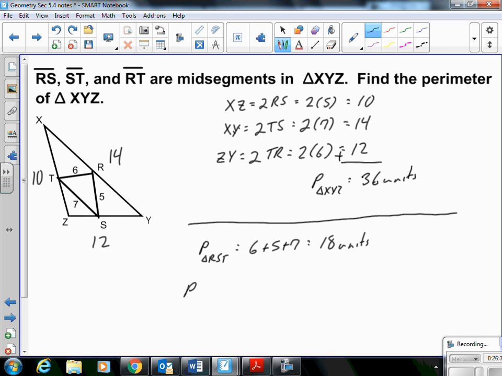And the perimeter of triangle XYZ should have been equal to 2 times the perimeter of triangle RST. So if we knew that RST was 18, then take 2 times 18, and you get 36 units. So either way, you still get 36 units if you double all the sides and then add them together, or if you add all the sides of the mid-segments together and then double those.